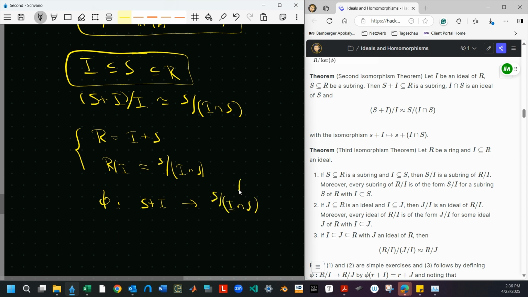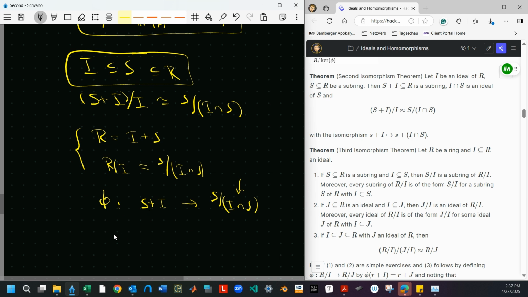So I guess one thing you need to do is show that's an ideal, but that's clear. This intersection of two subrings is a subring, and the fact that this is closed under multiplying on the left and right by R will get us back into here. Sorry, I'm only wanting to show it's an ideal in S. So if I multiply on both sides by S, well, multiplying S by S doesn't matter, but multiplying I and S will get me back into, let's see.